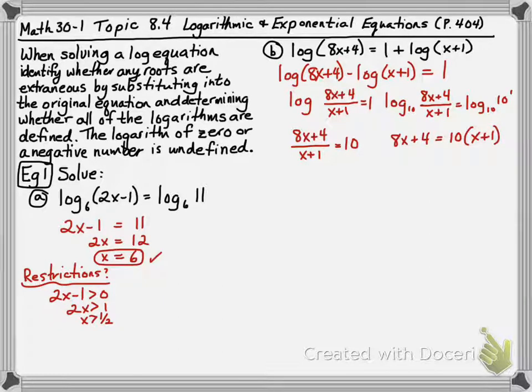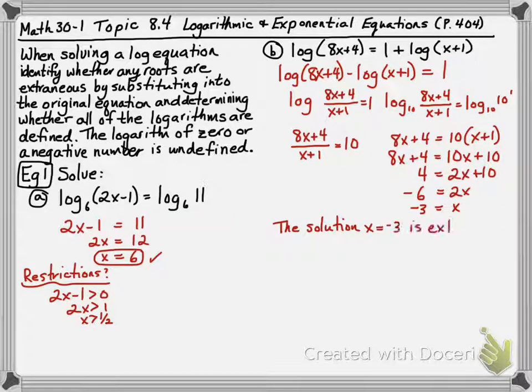8x plus 4 is 10 times x plus 1 if we cross multiply. 8x plus 4 is 10x plus 10. 4 is 2x plus 10. Take away 10 from both sides and you're going to get 2x is equal to negative 6 and x is equal to negative 3.